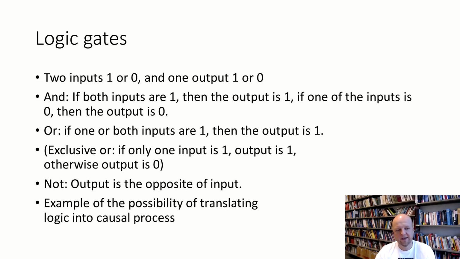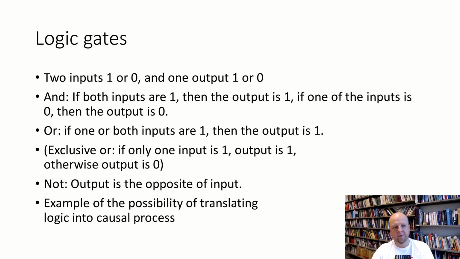And then it would be very similar to how you can have two neurons that can be activated or not, and then activating or not a third neuron. So this would be a way of translating it into the brain. But I'm not saying that this is how it happens when we reason in our brain. I'm just showing the possibility of turning logic into a causal process.